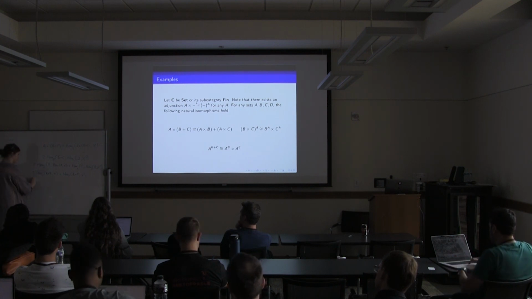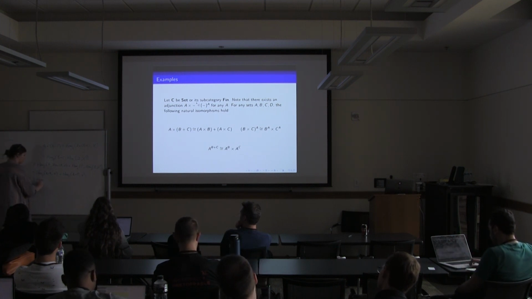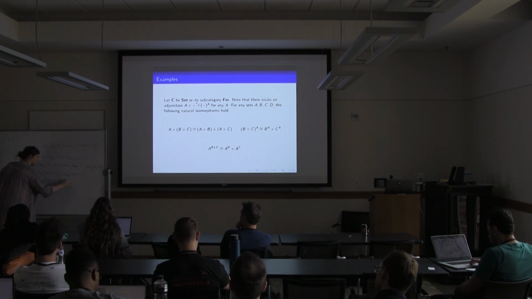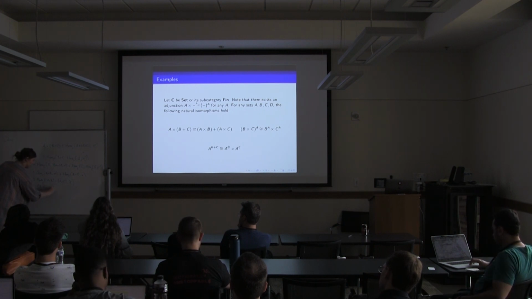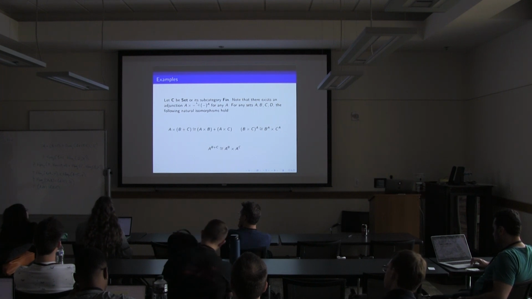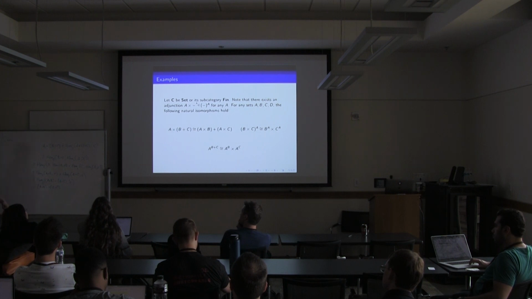So we can just go isomorphic to Hom of A cross B plus A cross C to X. And this is isomorphic under Yoneda to just A cross B plus A cross C. And there's the proof. Cool? All right. So that's adjunctions.